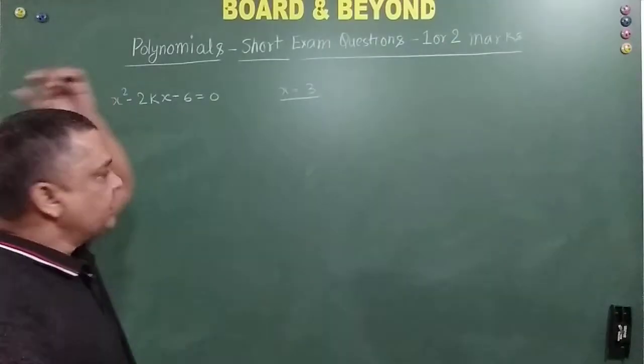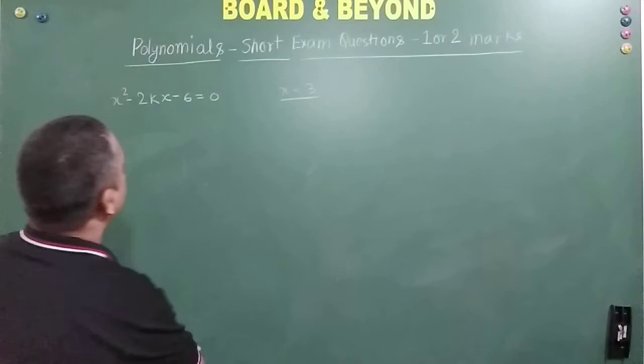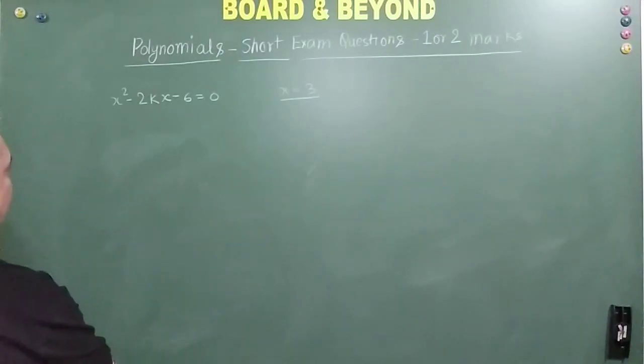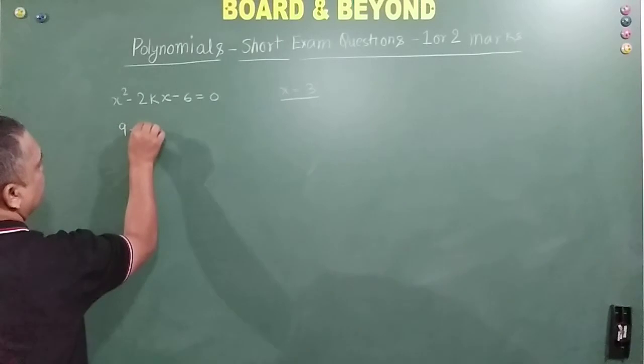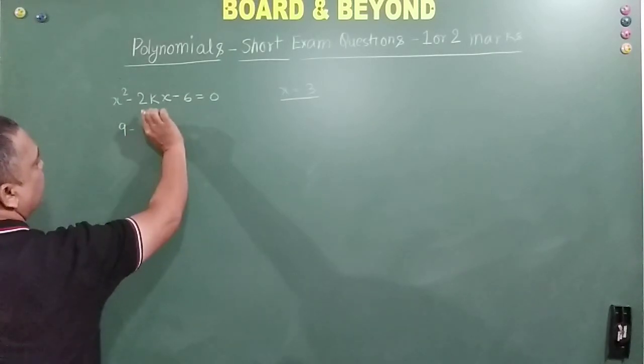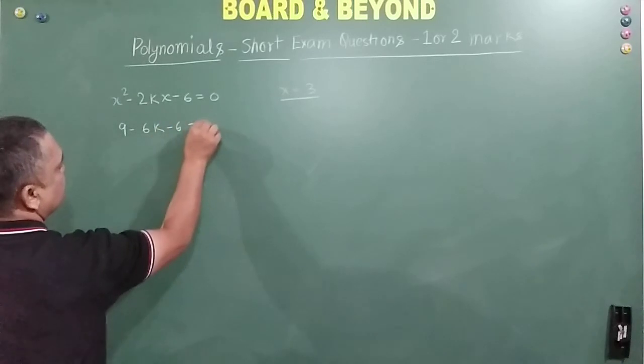Right? So since x is equal to 3 is given to be one of the roots, we just replace it. So this becomes 9 minus 2 into 3, that is 6k, minus 6 is equal to 0.